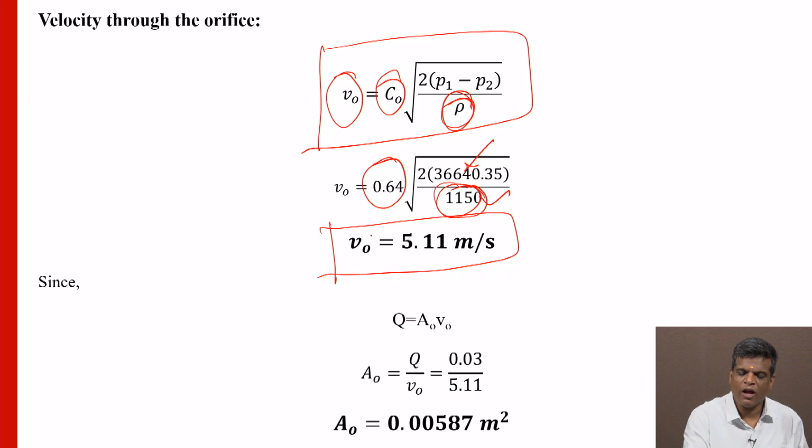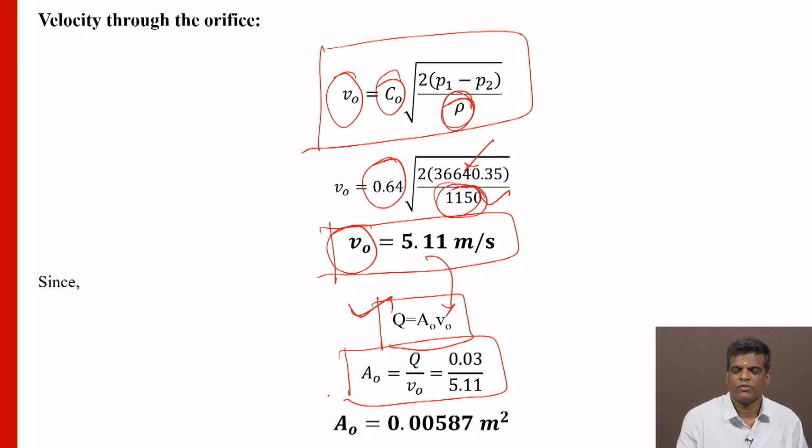Once the velocity is done, we know the volumetric flow rate, which is given in the problem. From the flow rate and velocity, we can get the area A naught. A naught is 0.0518700587 meter square, the cross sectional area of the orifice meter.